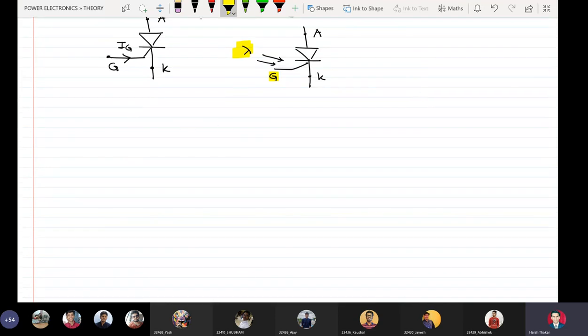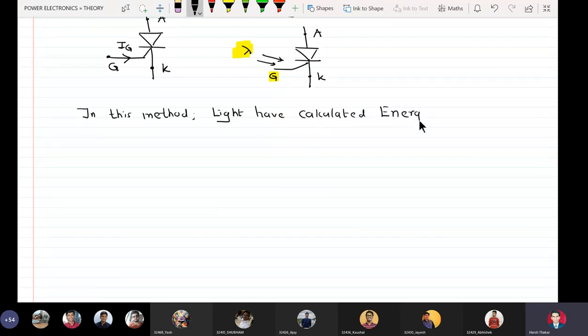Okay, so we can make some points here. In this method, light having a calculated energy quantum, that is wavelength, is made to fall on the reverse bias junction J2 through a glass window.